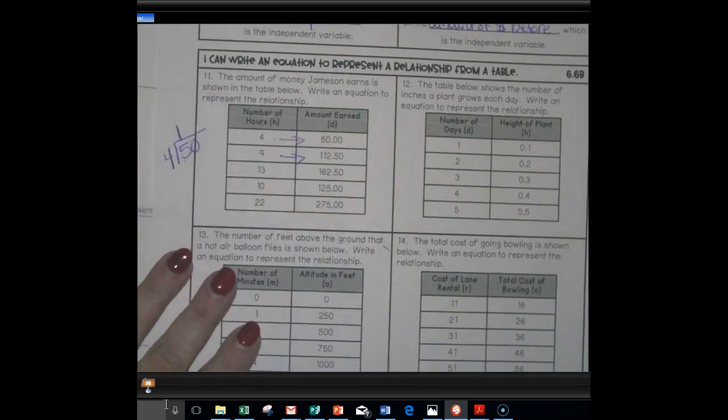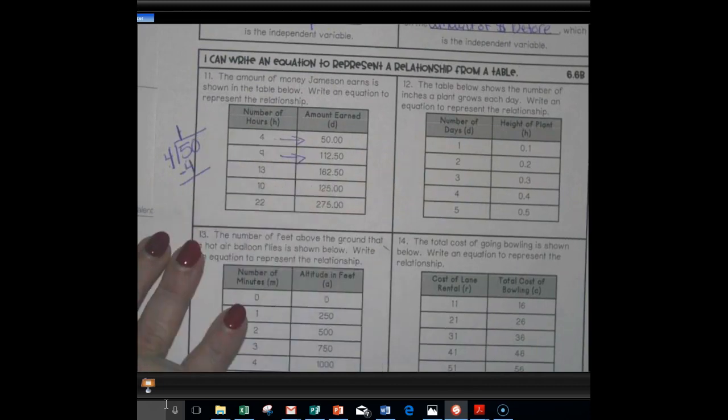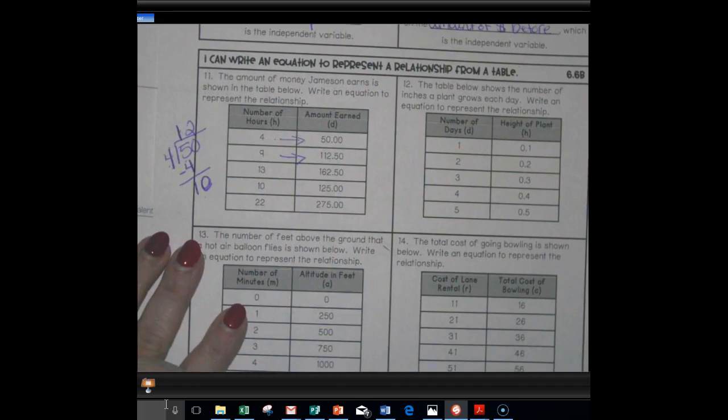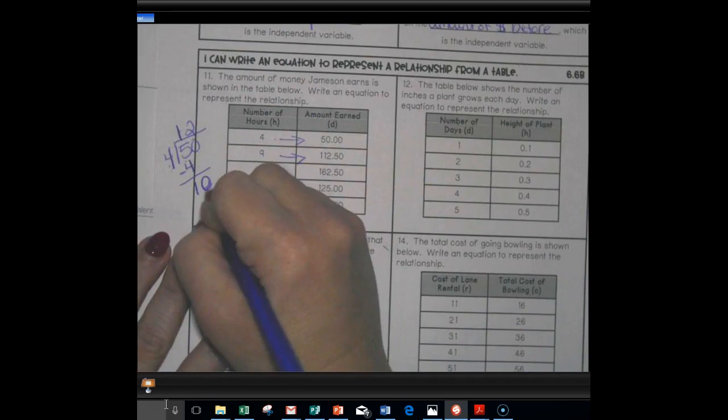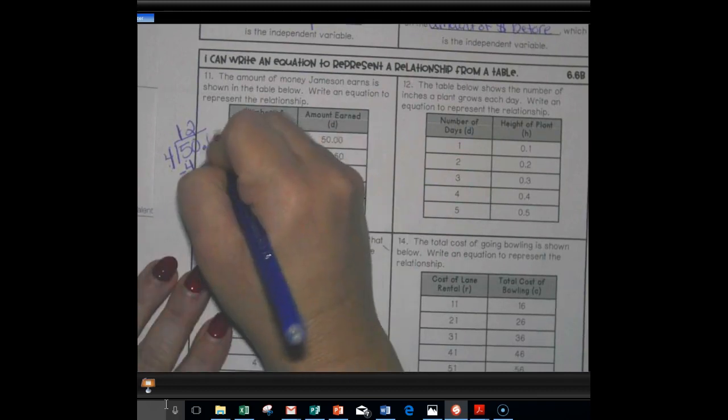50 will go into 4 one time. 1 times 4 is 4. 5 minus 4 is 1. Bring down the 0. 4 will go into 10 2 times. 2 times 4 is 8. 10 minus 8 is 2. I'm going to add a decimal, add a 0, bring it down.